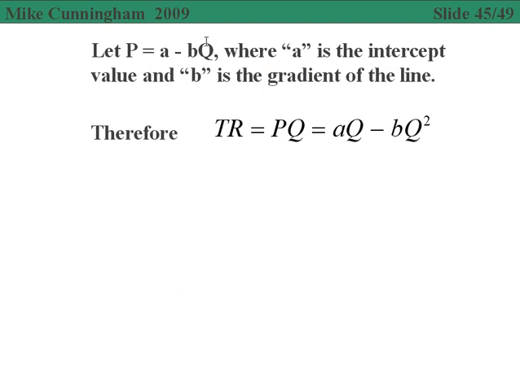In mathematics, if you draw that, it's a straight line. There are no exponents, there are no squares or cubes or complicated expressions in there. And now, if we multiply P by Q, we get AQ minus BQ squared.